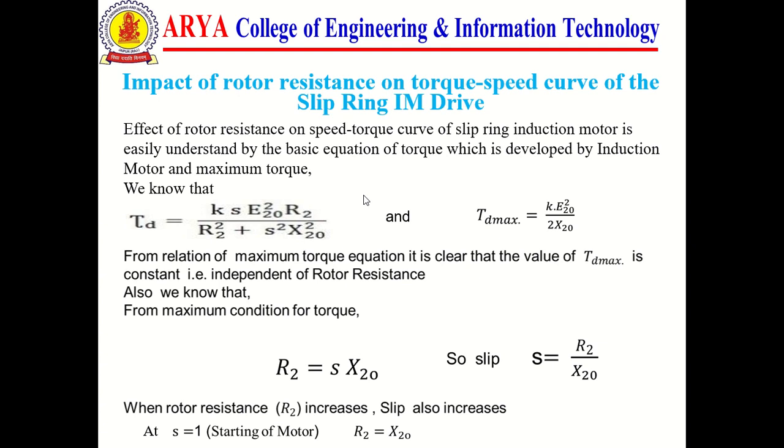By the derivation of the maximum torque developed by the induction motor, what is the condition when maximum torque is developed? First, S equal to 1. If S equal to 1 and the other parameters are constants, then we can derive the maximum torque of the induction motor, where K is a constant that represents all parameters.